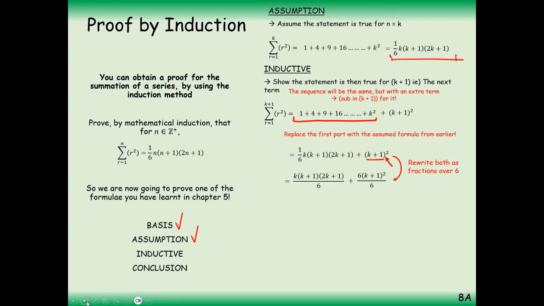So this involves going through these steps of calculations, and now we can write the whole term over one denominator of 6, and now we can go ahead and factorize that k plus 1. So inside the square bracket, we'll have these blue underlined terms.